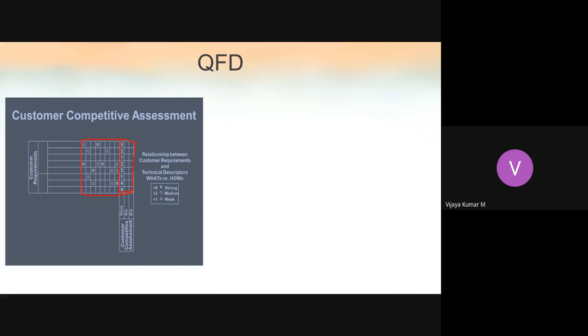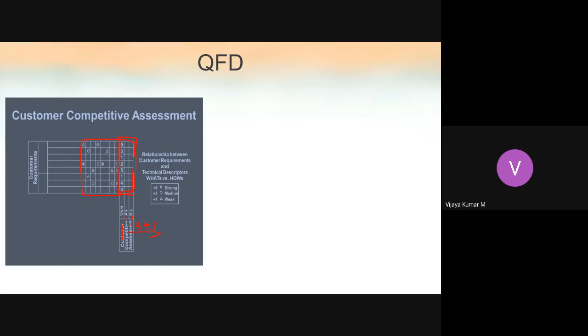Generally, it is a competitive assessment between your company and the top one company of that particular product, or the top two companies. It depends on the company. You can take even 3, 4, 5, etc.